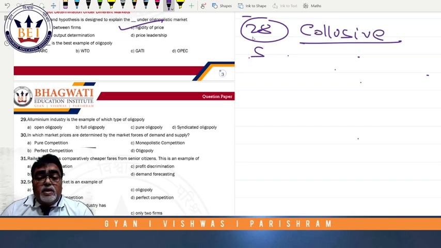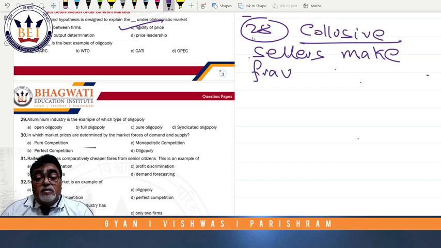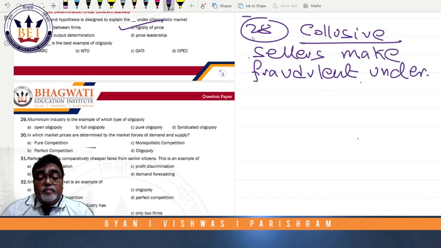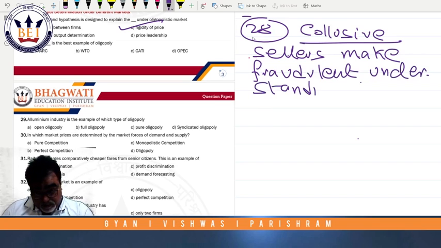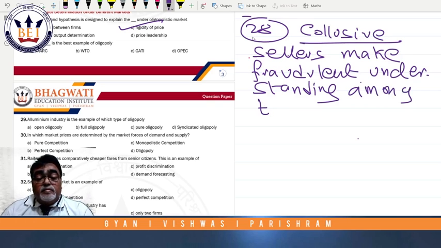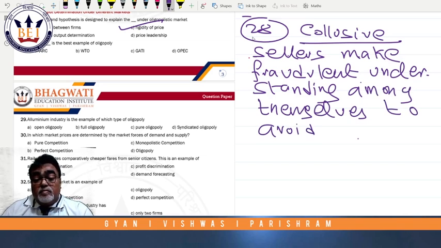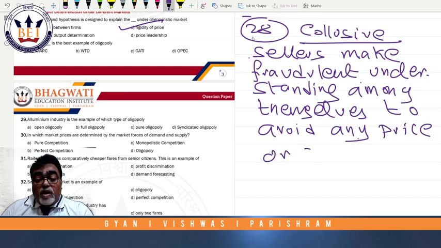sellers, oligopoly sellers make fraudulent understanding among themselves to avoid any price or quantity deviation.